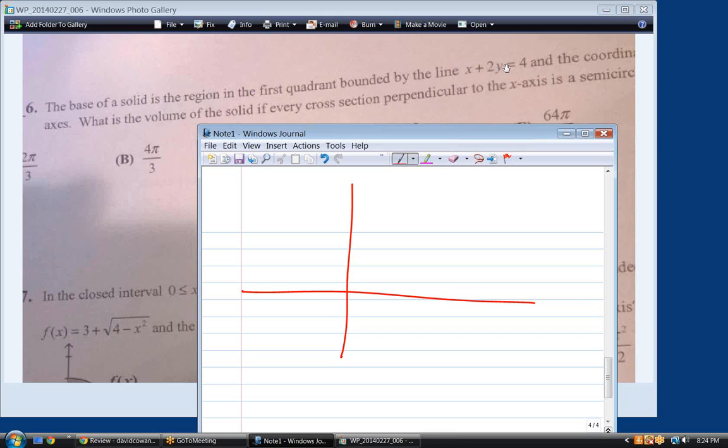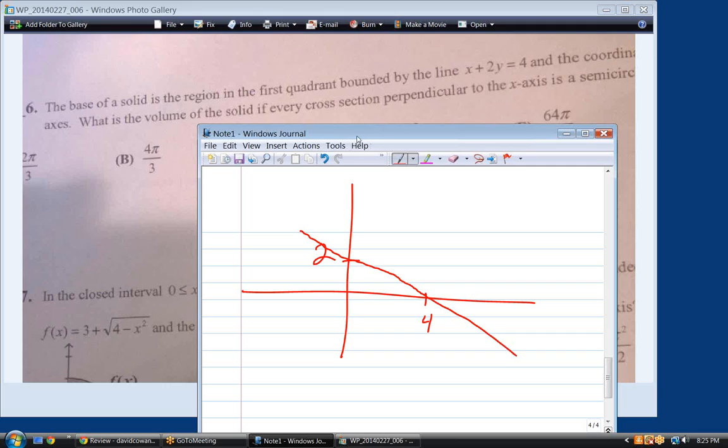Well, if I want to graph that line, I'll find the x and y intercepts. The x-intercept is when I let y equal 0, so the x-intercept is at 4. The y-intercept is when x is 0, so the y-intercept is at 2. Connect that. There's the line, and the coordinate axes.